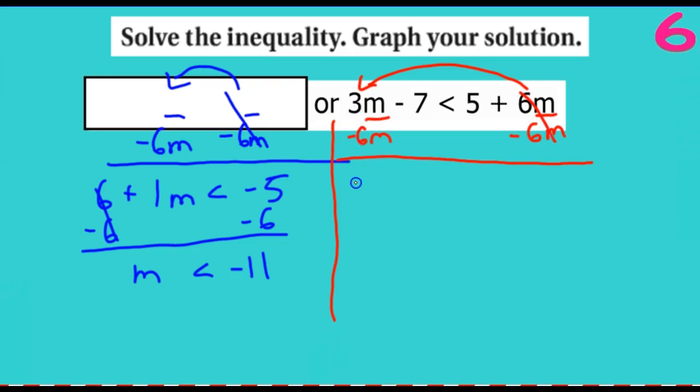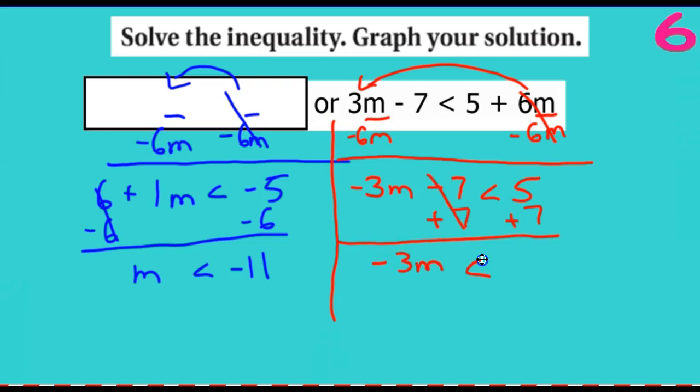So 3m minus 6m gives me -3m, minus 7, which is less than 5, plus 7, and we get -3m is less than 12. Now we need to divide, but we're dividing by -3. When we divide by a negative number, remember to flip your sign. So now it's m is greater than -4.